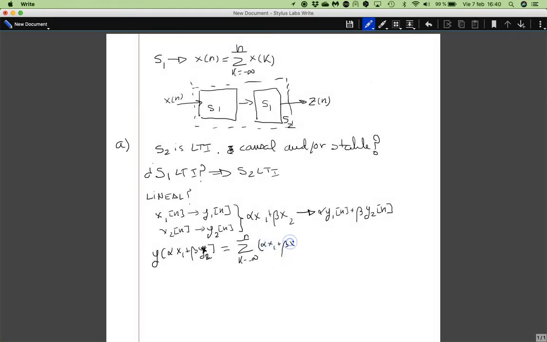And in this case, we can separate this that way: this is alpha times the summation of x1 plus beta times the summation of x2. And by definition, this is alpha y1 plus beta y2, which exactly is what we were looking for. So yes, the system is linear.